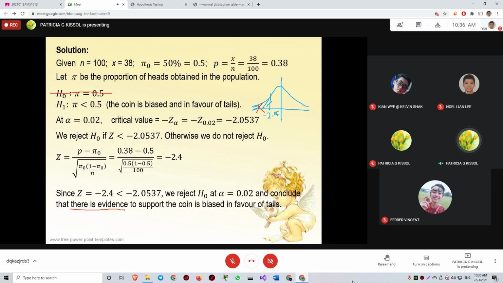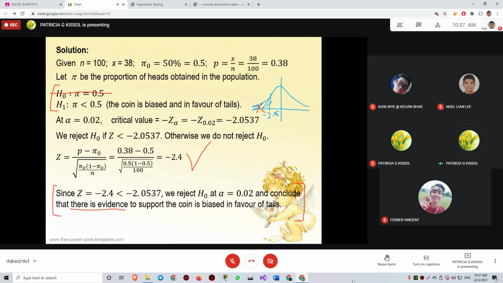Because when your hypothesis is wrong, definitely, of course, the Z is always correct. But when your hypothesis is wrong, it will affect your answer here. That's what I want to raise up here also, so that you guys will have confidence in answering this. So don't worry.